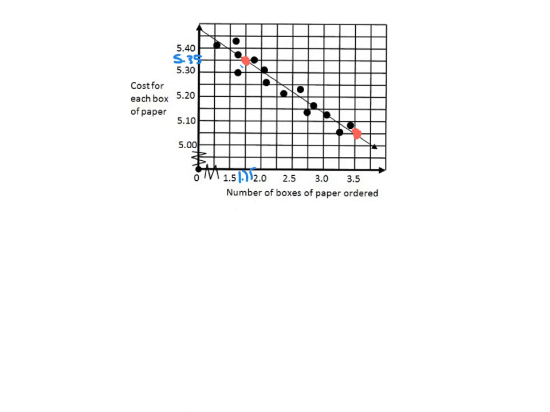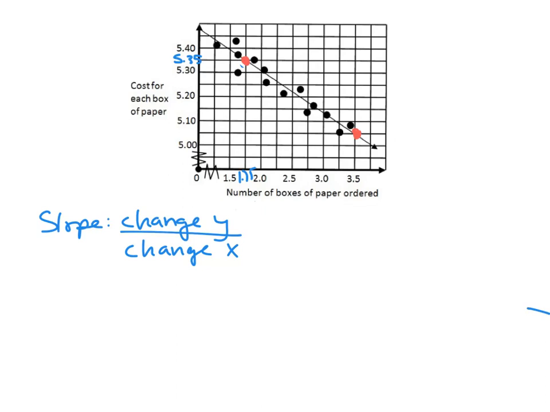And so to write an equation, we need to find our slope. And again, that's the change in y over the change in x. Let's look at how the y value changed. It went from 5.35 down to 5.05. So the y value changed by going down 0.30.